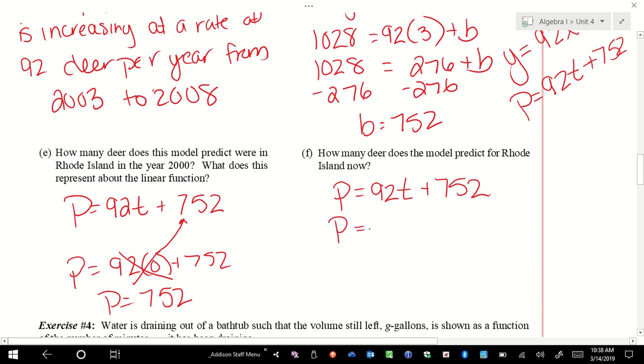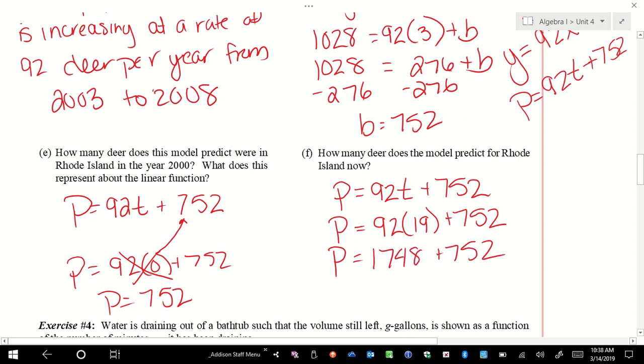So in my equation, I'm plugging a 19 in because we are 19 years from 2000. So the math, 92 times 19 is 1,748. Add 752 to that, and our population in Rhode Island right now is 2,500 deer.